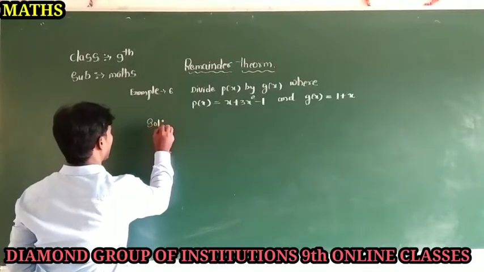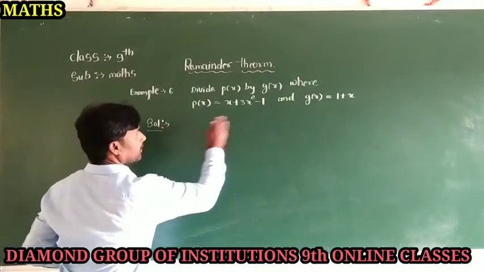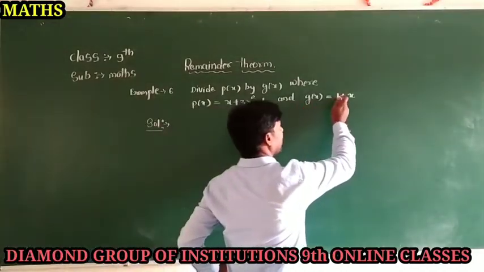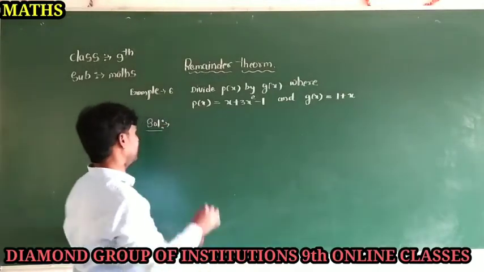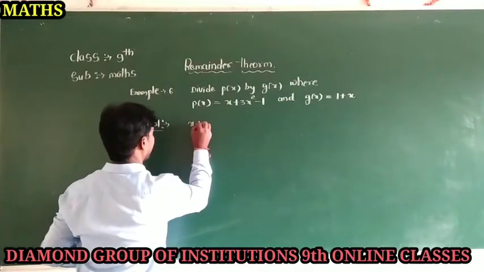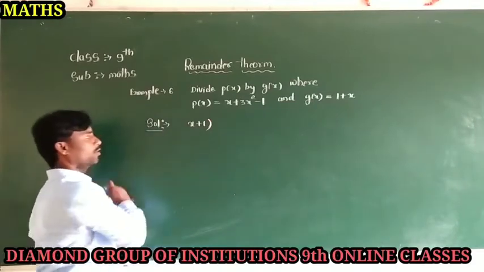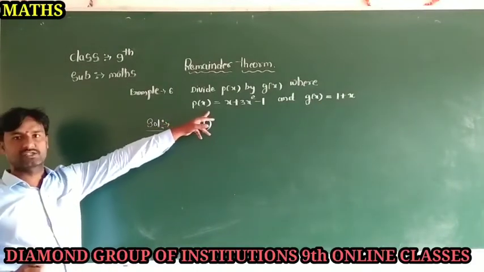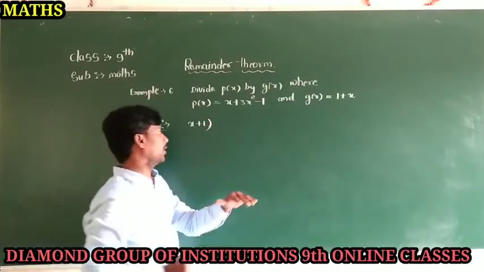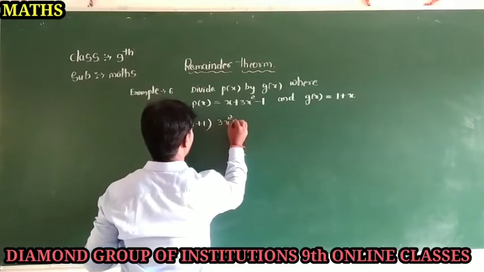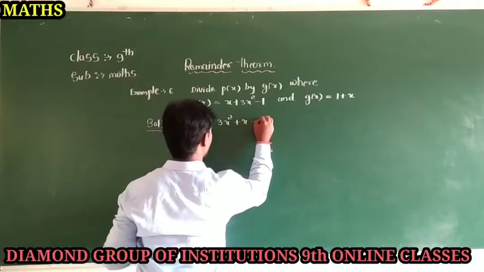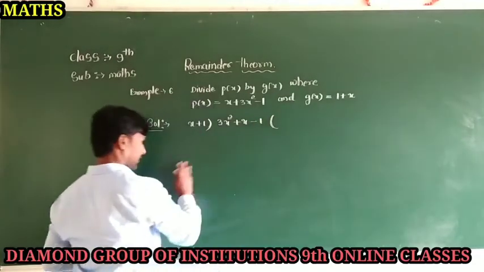First, g of x is 1 plus x, given, dear students. You take the descending order, like that: x plus 1 in brackets. The given p of x also, you should write in descending order with the sign: 3x square plus x minus 1, and here the division sign.